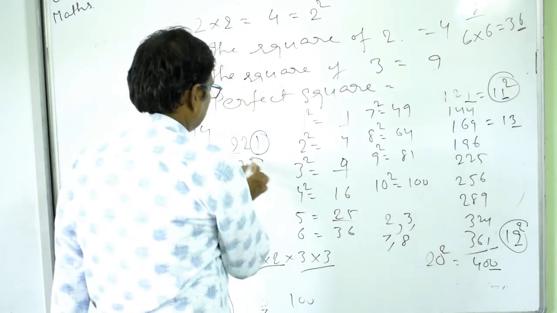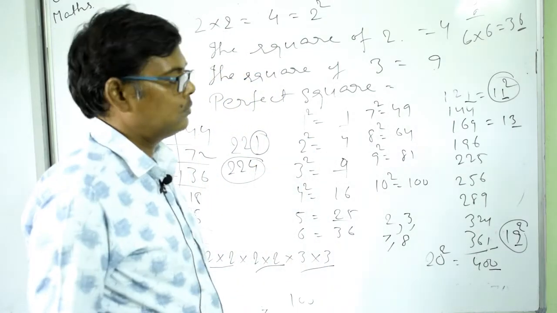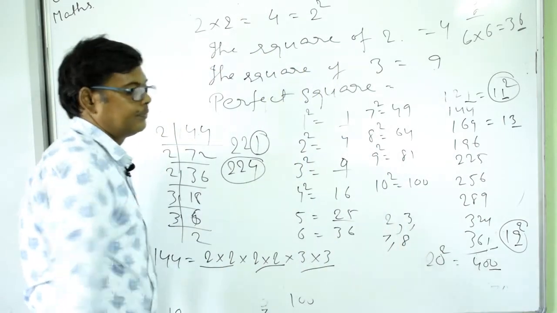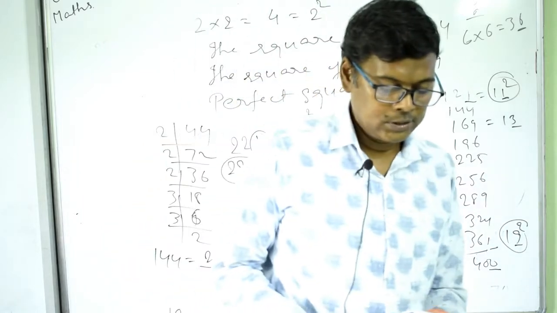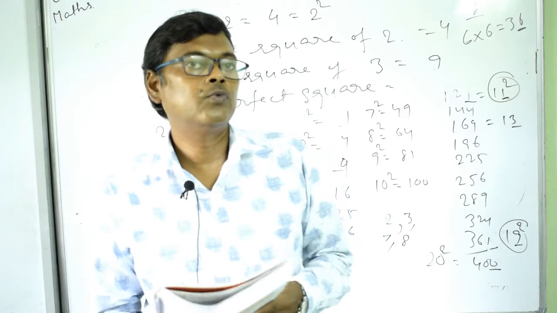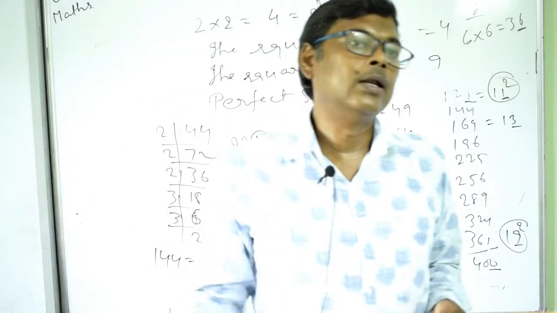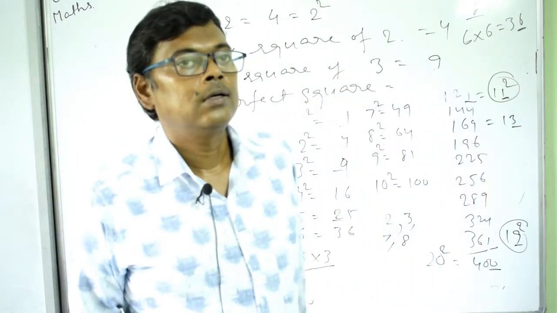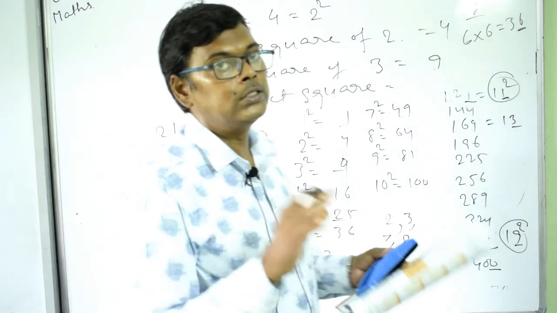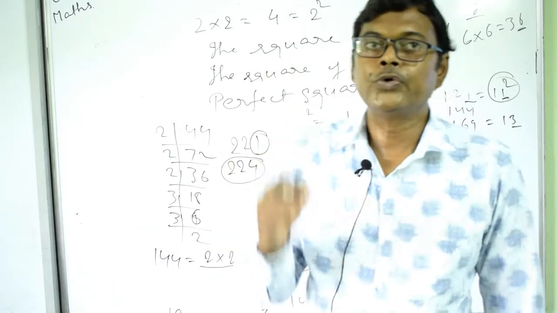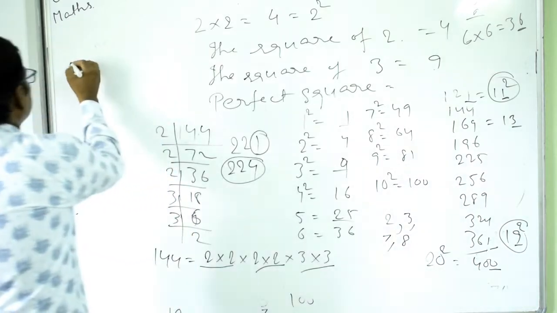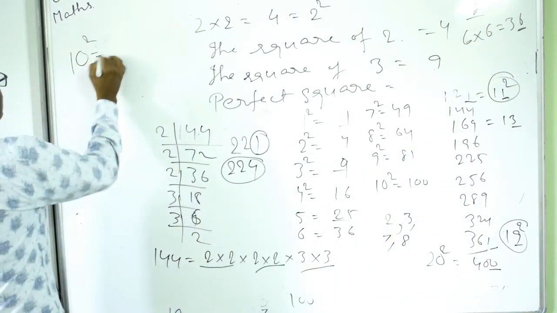So when you square this number, you will get 6 at the units place in the square of this number. So this is the rule here. This is very easy to understand, what digit will come when you square a given number. And whenever you square a number which is ending with 0, if there is 1 zero, then in the square number you will get 2 zeros, and if the number is ending in 2 zeros, for example like 10 square, it is 100 here.